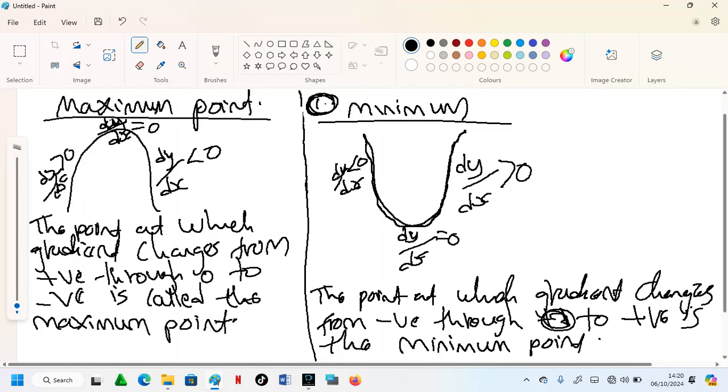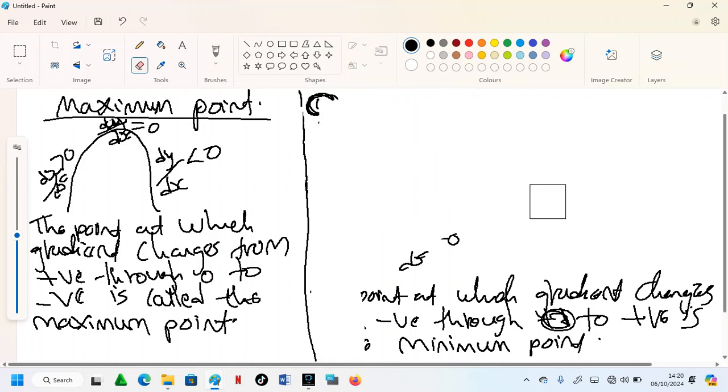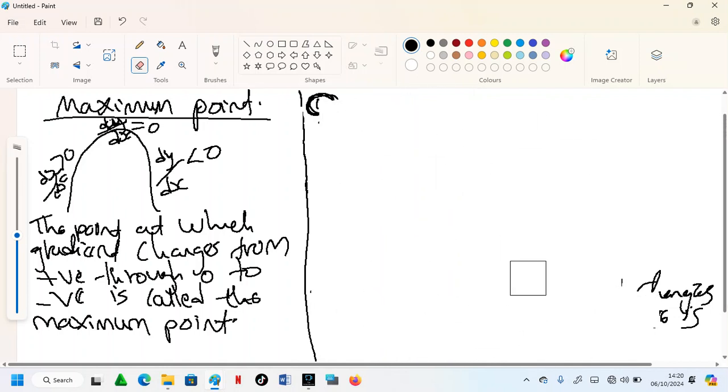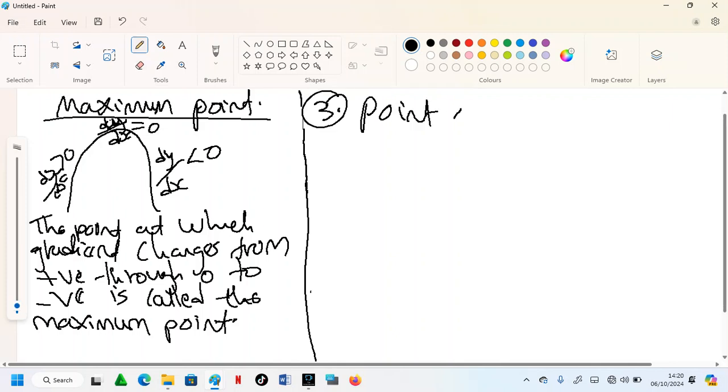Now, finally, I want us to go to the third nature of stationary points. The third nature is called the point of inflection.